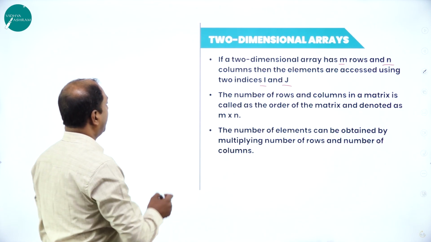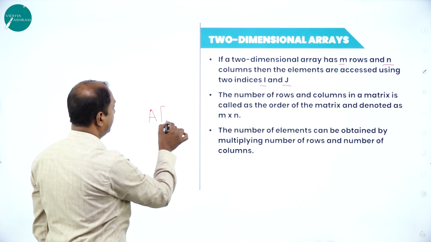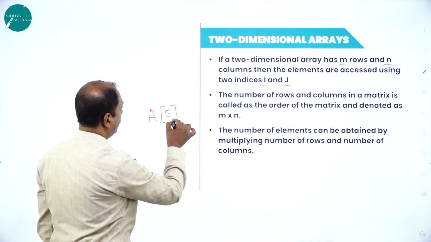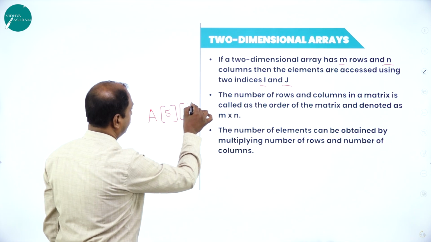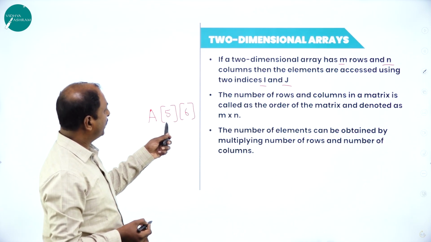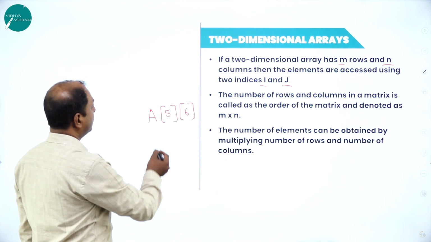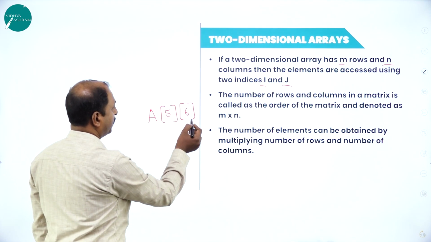For example, if I say A is name of an array with 5 and 6, if you look at this example here, 5 is one subscript and 6 is another subscript. So this is the order 5 into 6.